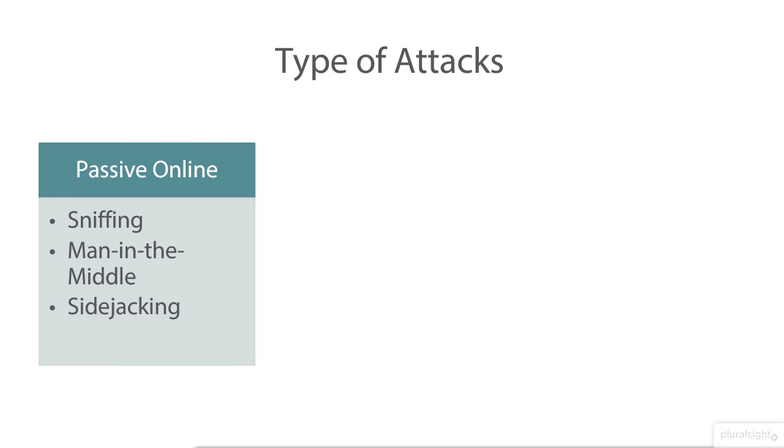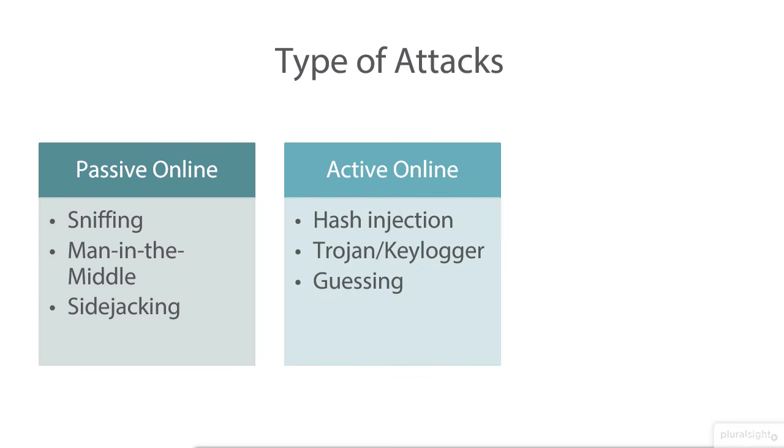Now there's active online. Now active online is exactly that. It's a lot more active. We know the more active we are, the more chances we have technically to be caught. These type of attacks include things like a hash injection. This is where we actually inject a compromised hash into a current session and then use the hash to authenticate to the network resources.